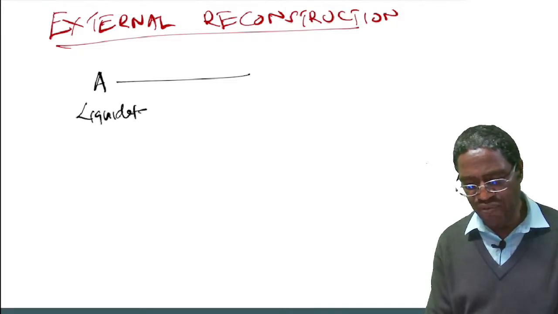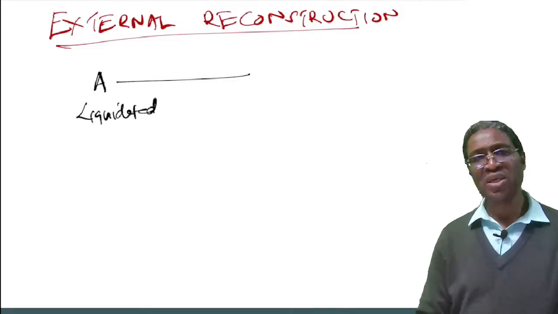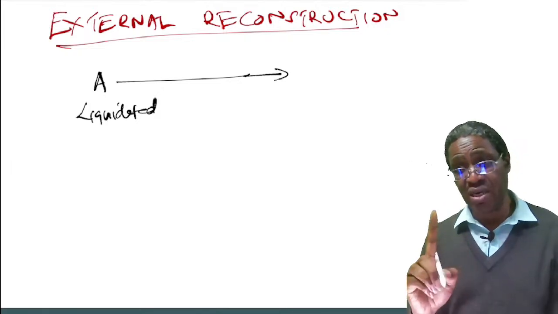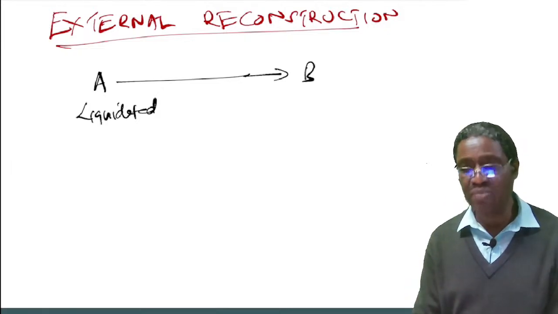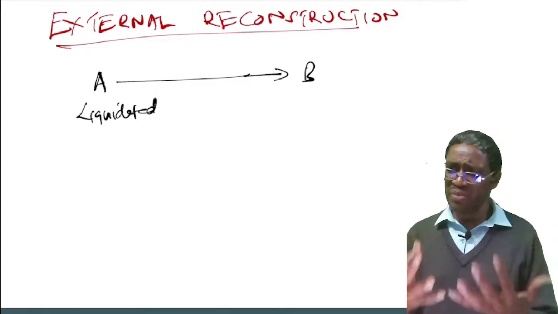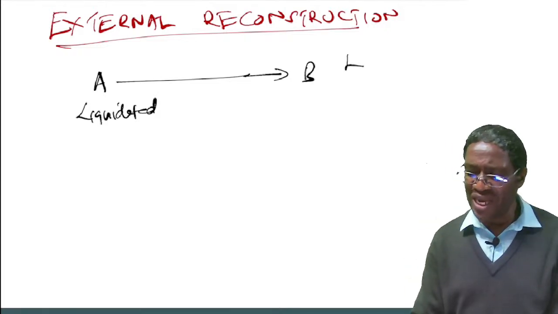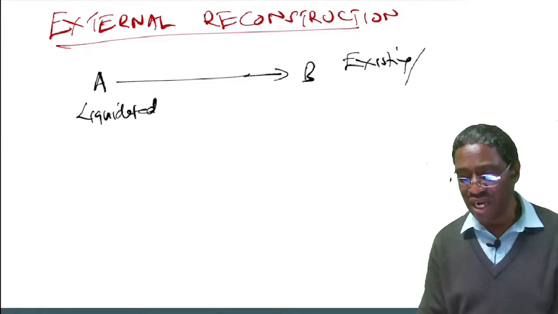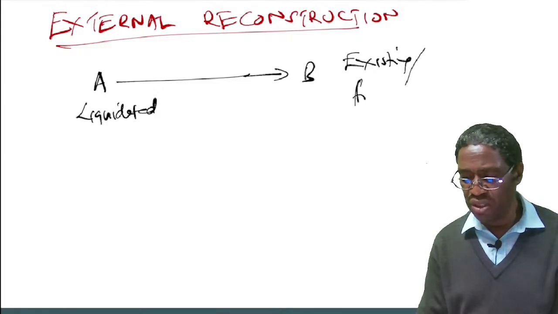Company A will have to liquidate themselves, and they will have to sell their business to another company. Let's call it company B. Company B could be another existing company, or it could be a newly formed company.